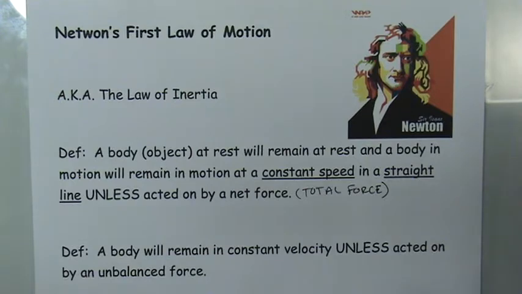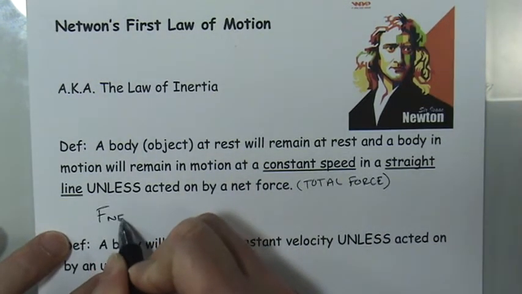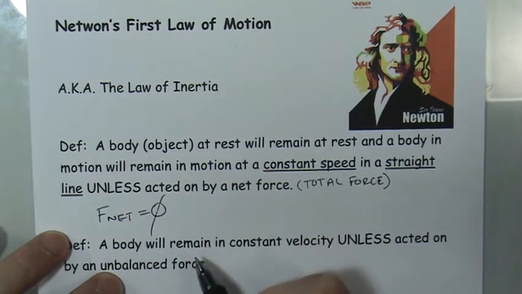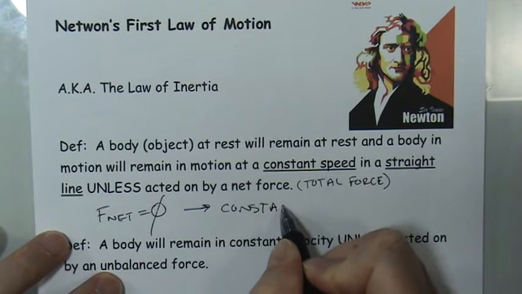So you have some positive forces and some negative forces, working against each other. If they add up to be zero, then the object is going to continue to do exactly what it was doing. So that says that if the net force equals zero, then we will have constant velocity.